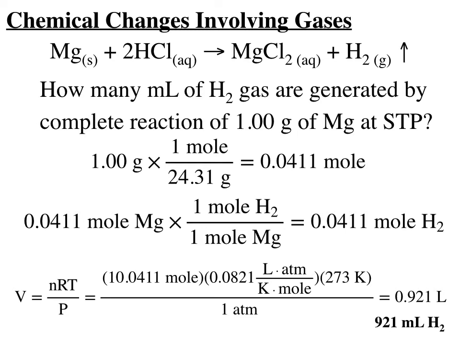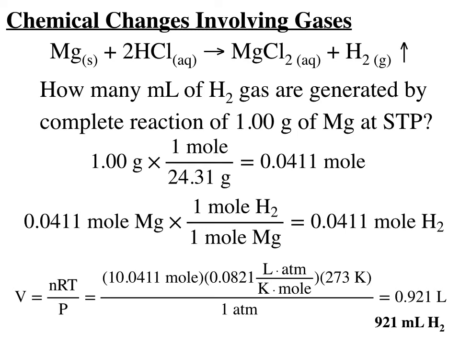So I need to find how many moles of H2 can be generated by complete reaction of 1 gram of Mg. Now this is a topic we took up earlier in this lecture set. I take my 1 gram of Mg and dividing the molar mass of Mg into that gram, I find 0.0411 mole of Mg.